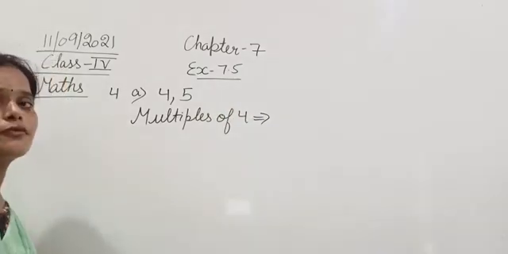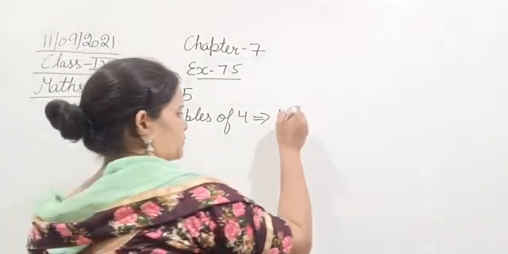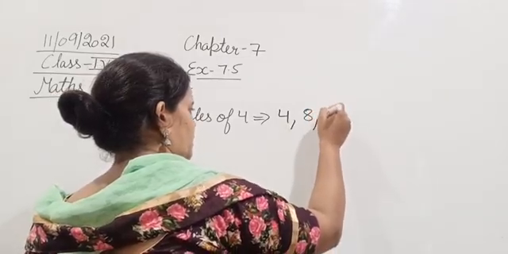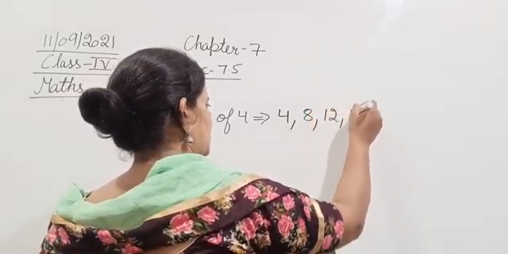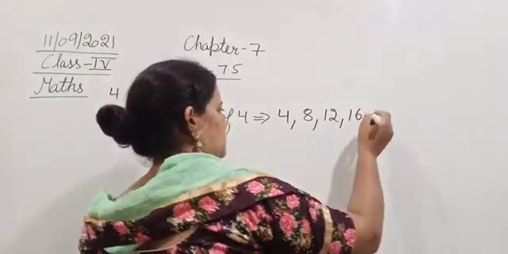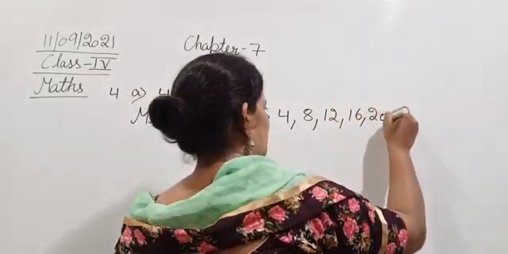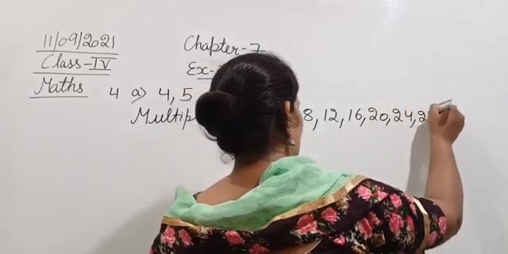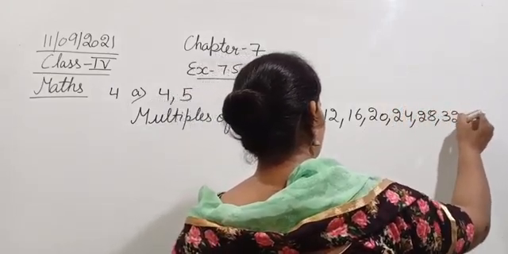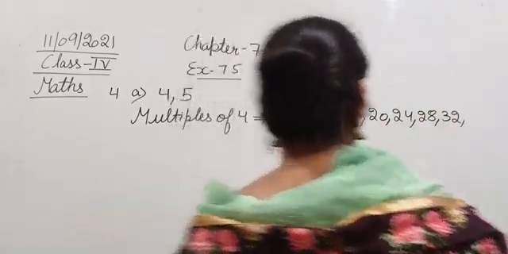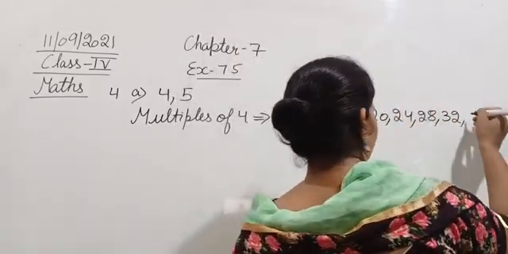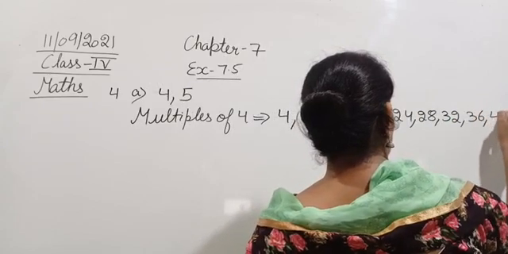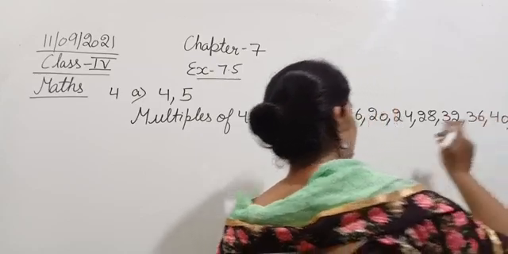So multiples of 4 are 4 into 1 is 4, 4 into 2 is 8, 4 into 3 is 12, 16, then 4 5s are 20, 4 6s are 24, 4 7s are 28, 4 8s are 32, 4 9s are 36, 4 10s are 40.